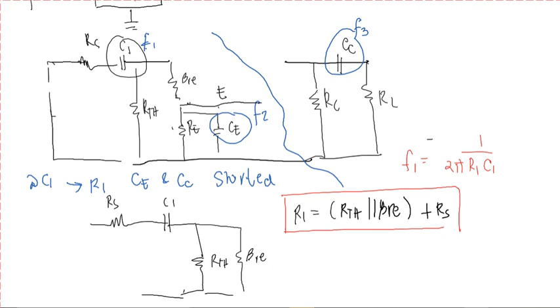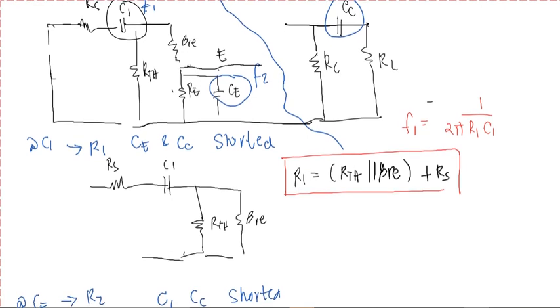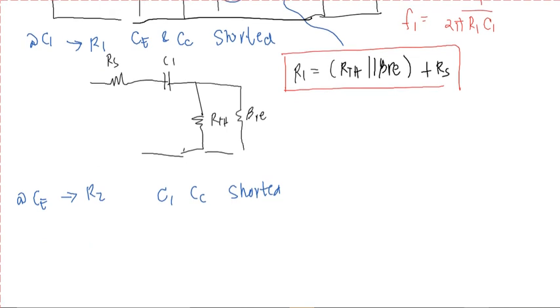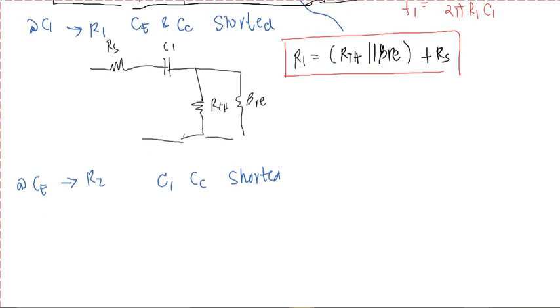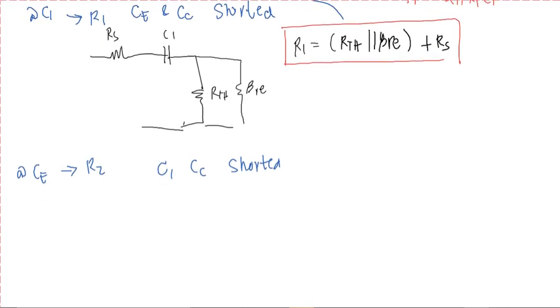This one will be shorted, but we are not considering the output, so we can easily focus. So this will be equal to our R2.